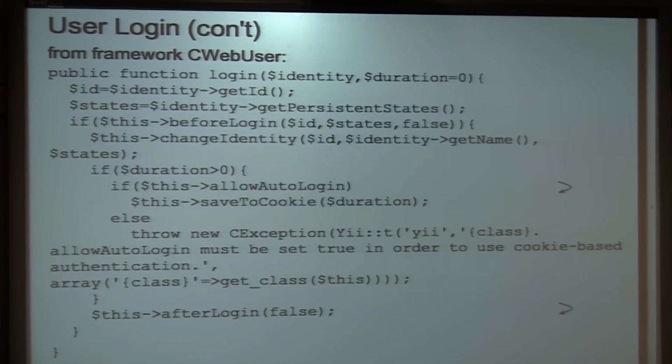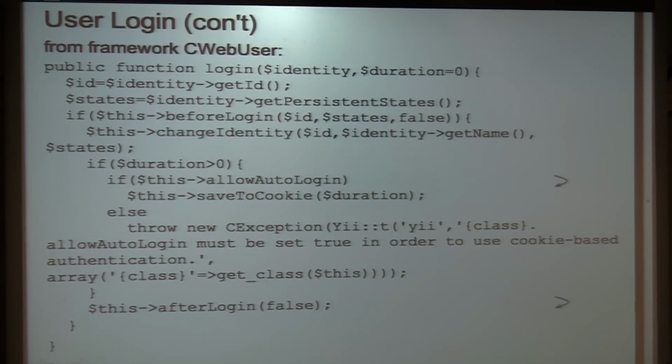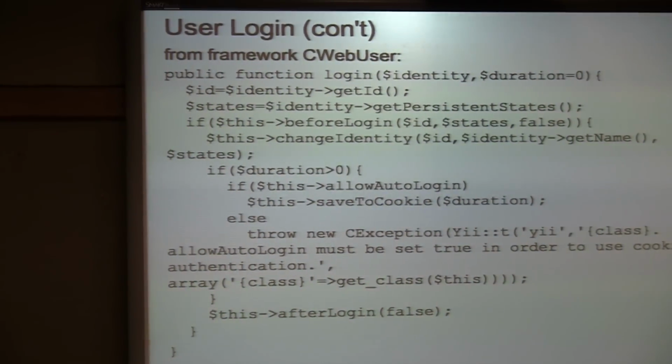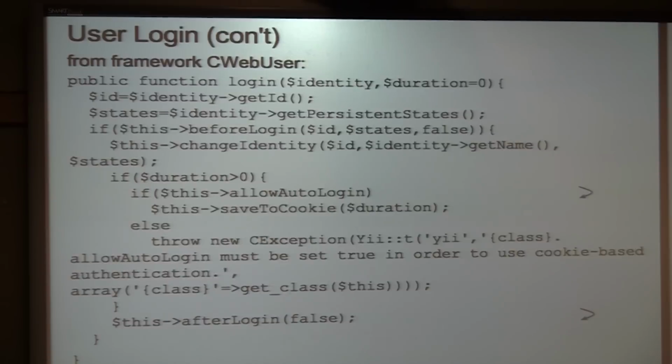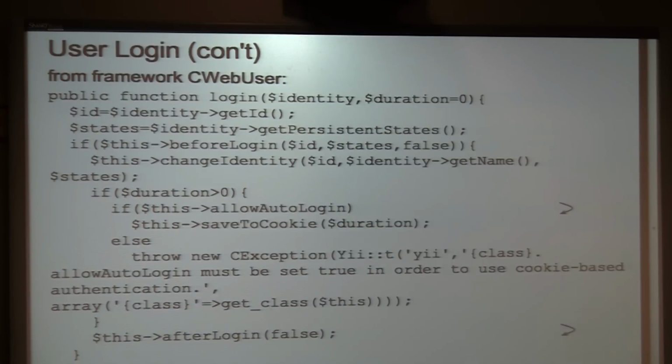All right, and then I'm just showing basically in the framework, unless you override it or choose to use a different web user object, it does do setting of the cookie if you're allowing for auto login. Just sort of showing the rest of the whole cycle, which is what happens if you're using a default implementation for web user authentication.